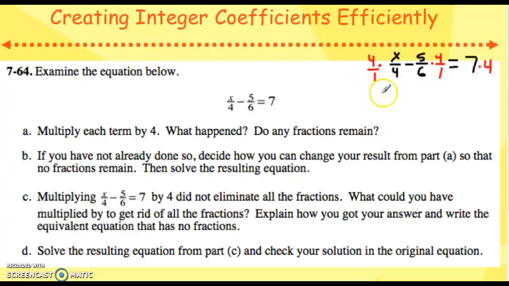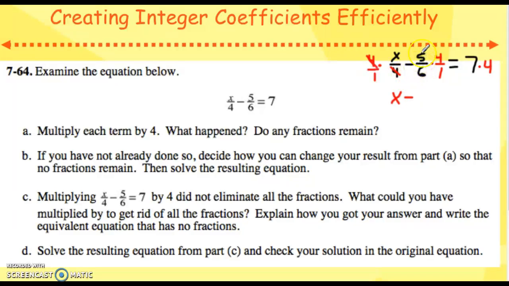Okay, so here I see that I have 4 times x over 4, which would be the same thing as 1x, because 4 over 4 is the same as 1. So I end up with x. If you're not understanding how I'm doing that, make sure you pause the video and ask your teacher.